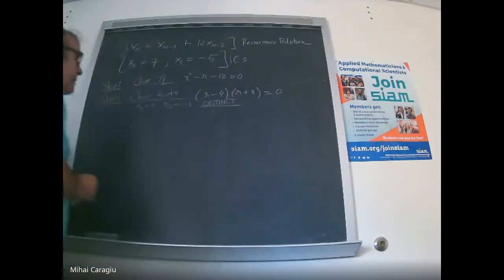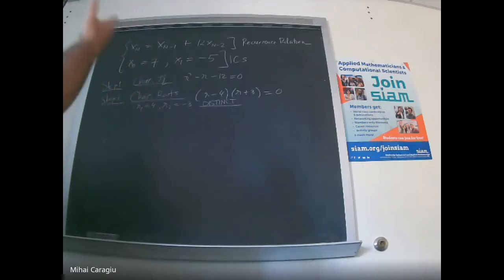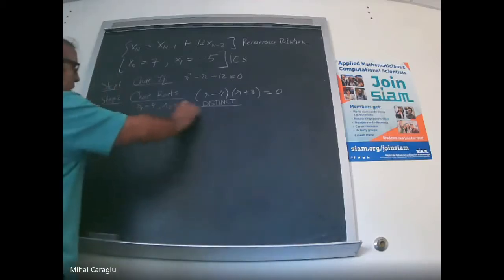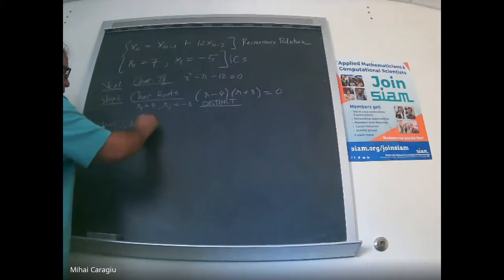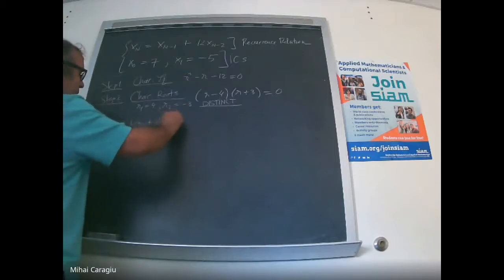And the fact the characteristic roots are distinct has consequences in how we write down step 3. So given the characteristic roots are distinct, it leads us to the following step 3, with distinct characteristic roots.